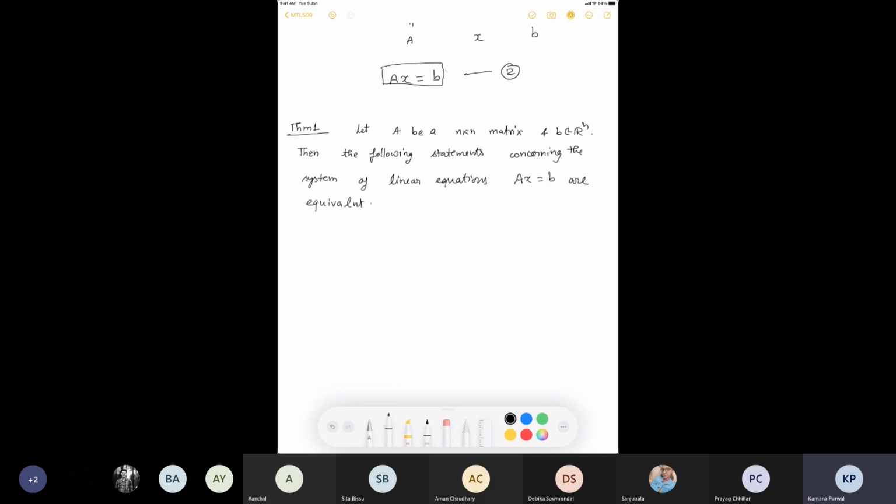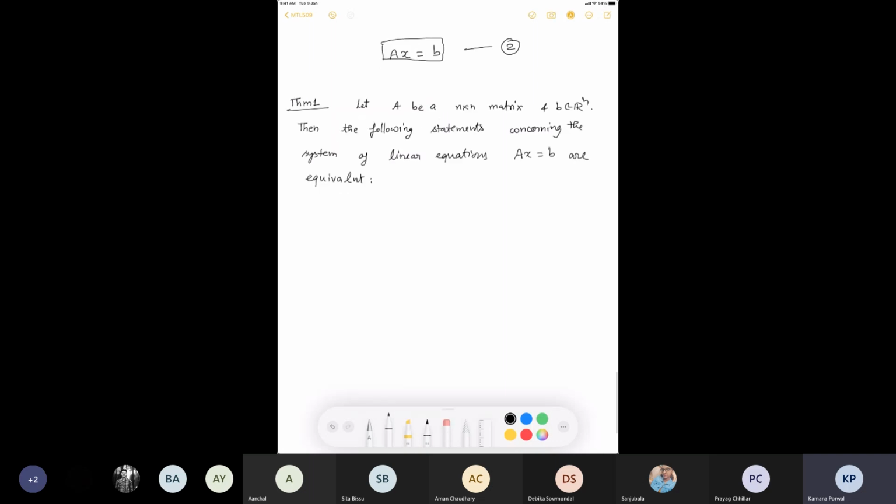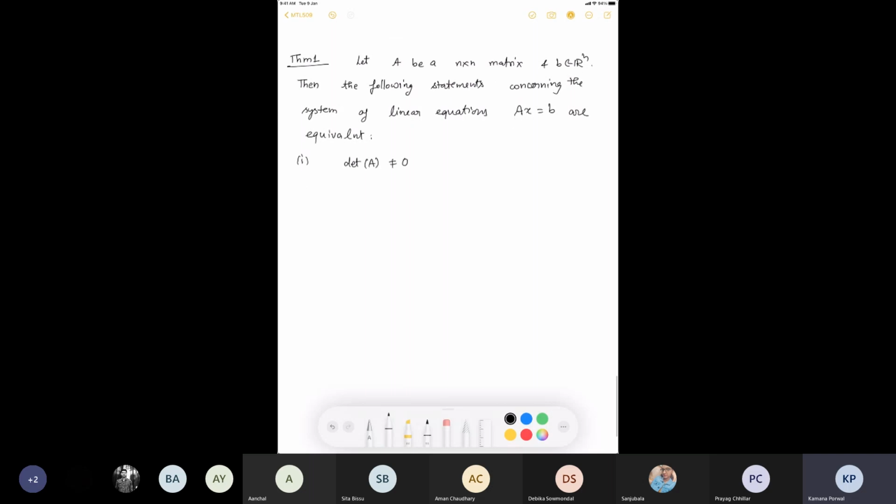I'm going to state four statements. Let's state them and then see how we realize them. The first statement is, as one of you said, the determinant of A is not equal to 0. All the statements which I'm writing here are equivalent. That's what this theorem is telling.